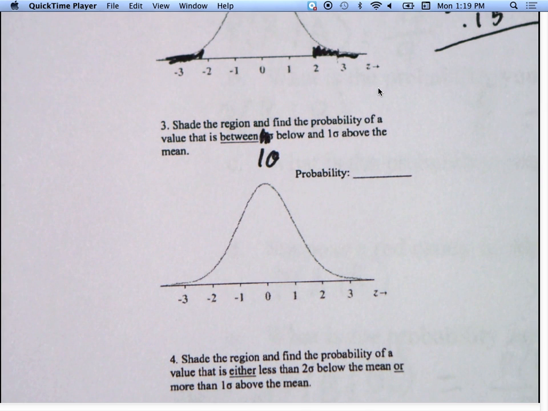Why don't you guys try shading it out? 1 below, 1 above. The mean is 0. The mean is always 0.